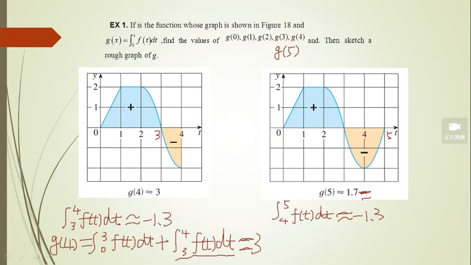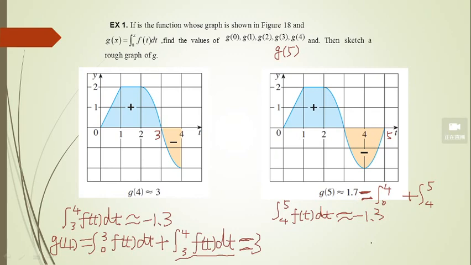So this G5 equals the definite integral from 0 to 4 plus 4 to 5, right? From 0 to 4 we approximately get 3, and actually this part is G4. G4 plus the 4 to 5 part, which is minus 1.3. So it's 3 minus 1.3. That's why we get 1.7.